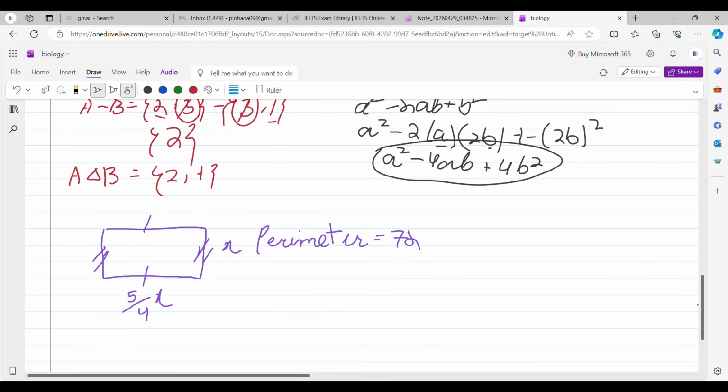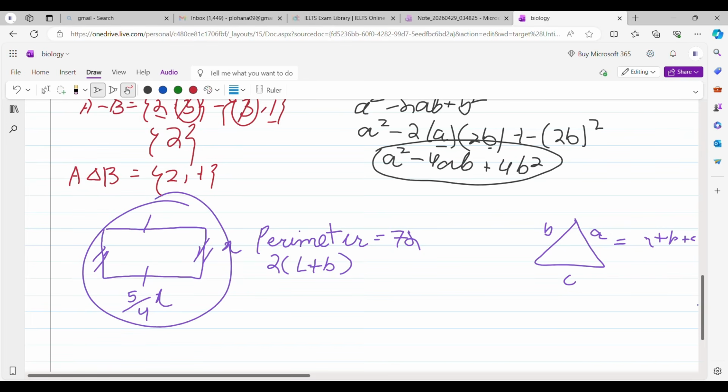So perimeter is nothing but the sum of all the sides. I mean, if you have a triangle and its sides are a, b, c, then its perimeter would be a plus b plus c. So perimeter is just the sum of all the sides, and the formula for finding the perimeter of the rectangle is 2 into (length plus breadth). This is the formula that teachers made us learn, and we are making you learn, but it is the same concept, that perimeter is the sum of all the sides.